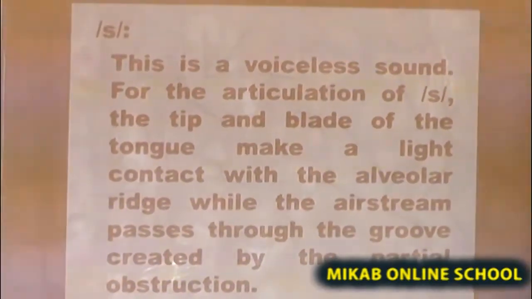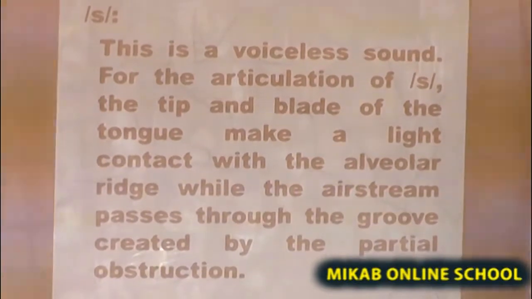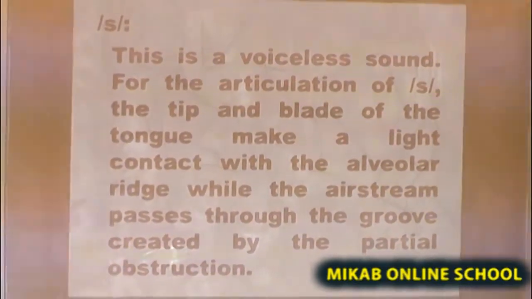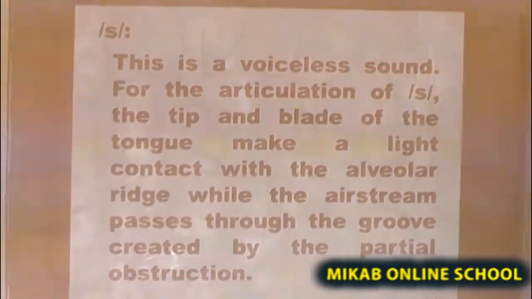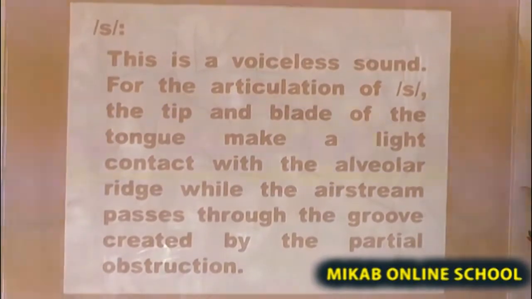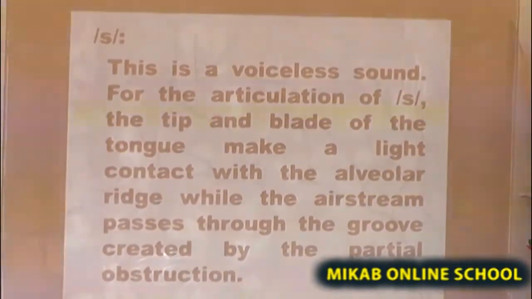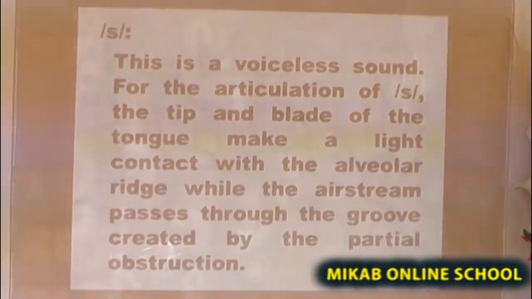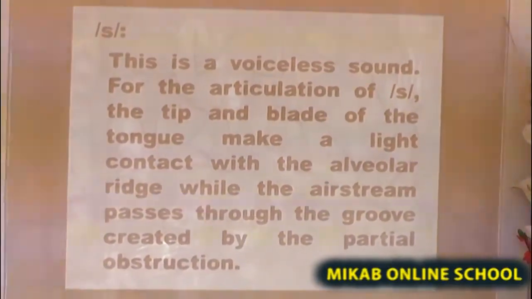This is a voiceless sound. For us to articulate this sound, the tip and the blade of the tongue make a light contact with our alveolar ridge, while the airstream passes through the groove created by the partial obstruction.